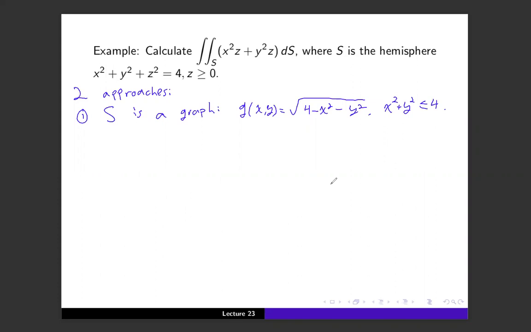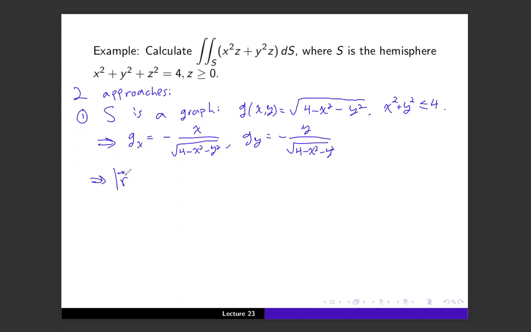So that's one way we can do this. If we do it that way, as we said, gx is negative x over the square root of 4 minus x squared minus y squared, and gy is negative y over the square root of 4 minus x squared minus y squared.